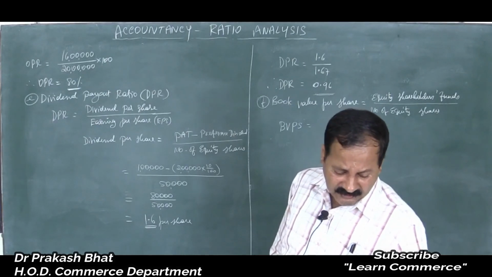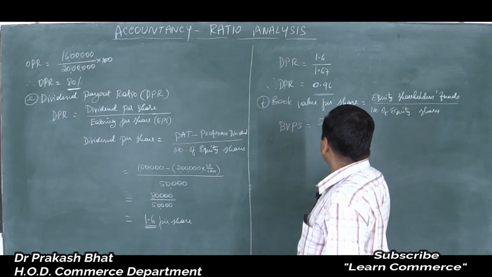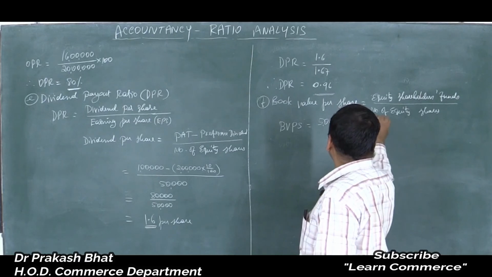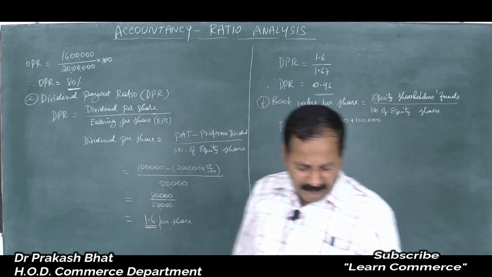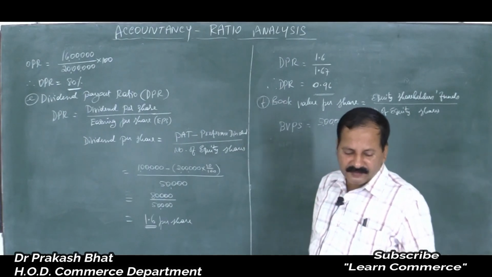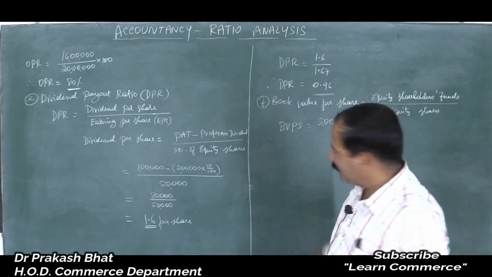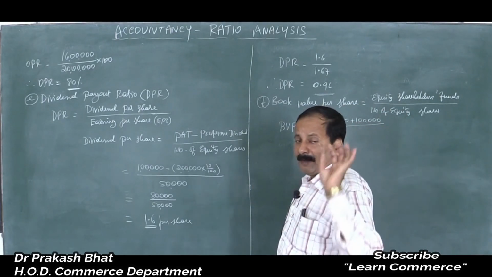So add it together, 5 lakh plus 1 lakh plus 1 lakh, divided by number of equity shares. How many? 50,000, right? 5 lakh divided by 10. Face value is 10. Capital is 5 lakh.